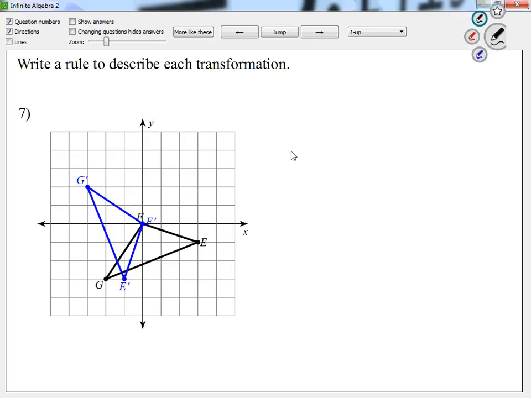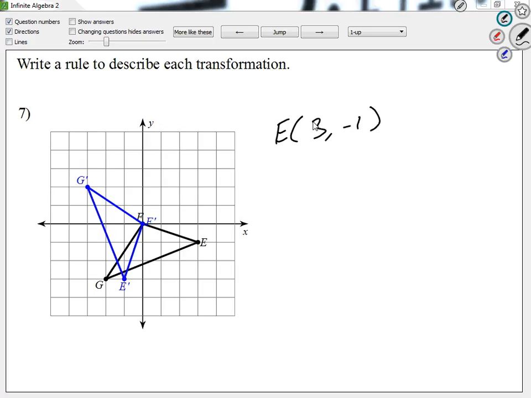So to help you guys out, let me follow the point E. I notice my coordinates are 3, -1. I look at my coordinates of E prime, because once again I'm following a point. I get -1, -3. Right? I look at E and E prime.